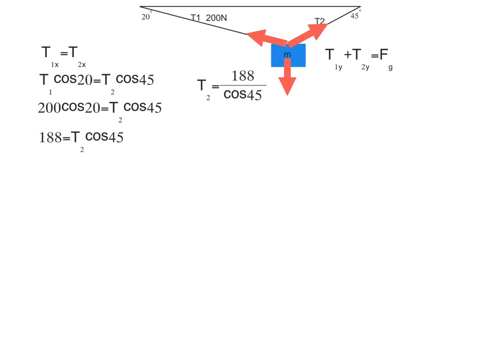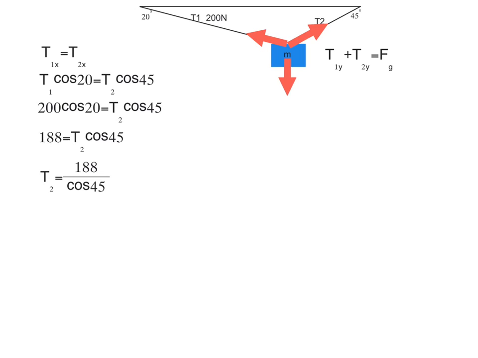So let's do that. We're going to get T2 equal to, and now we've got a fraction, 188 divided by the cos of 45.